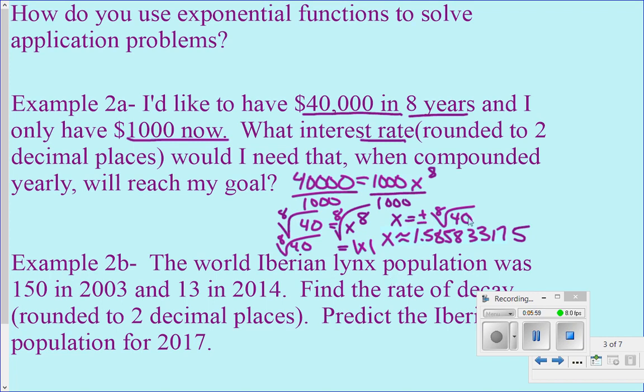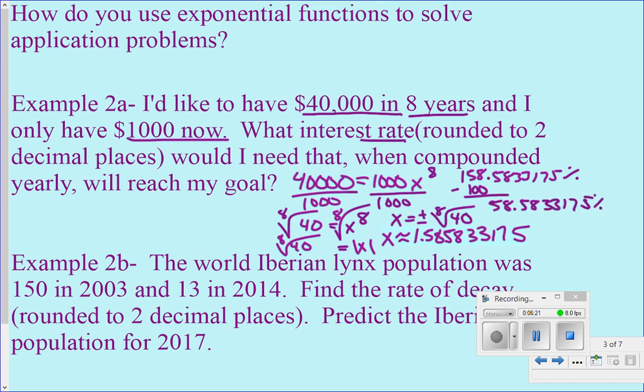Now I'm going to change that to a percent, so 158.5833175%. That's still not my answer because that's how much more than 100% it is. So I have to subtract 100 to figure out how much more. So 58.58, so forth, %.